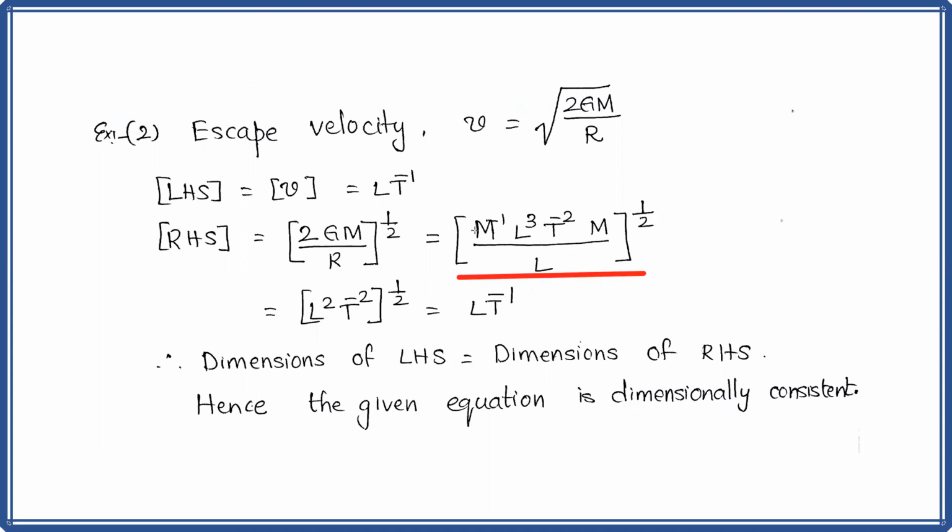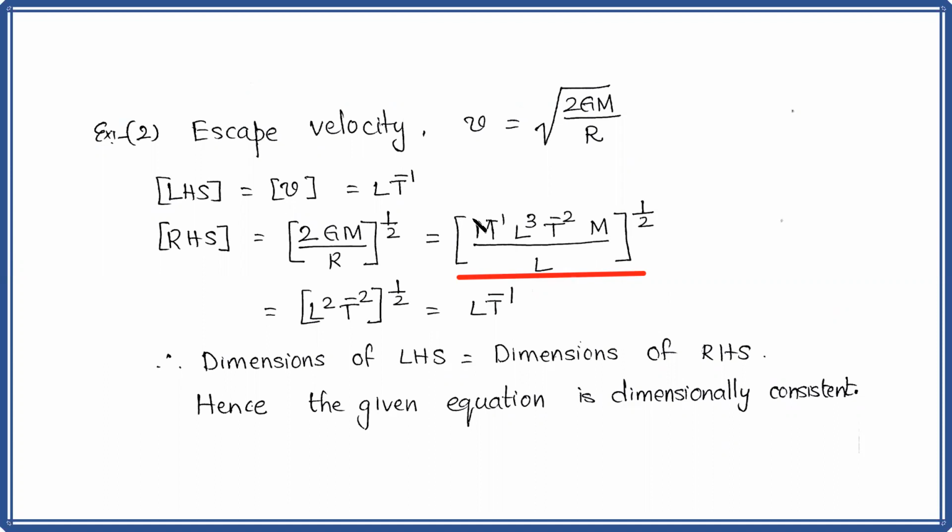For the gravitational constant, the dimensional formula is M^-1 L^3 T^-2, and for mass it is M, and radius is length, so divided by length, whole to the power of 1 by 2.